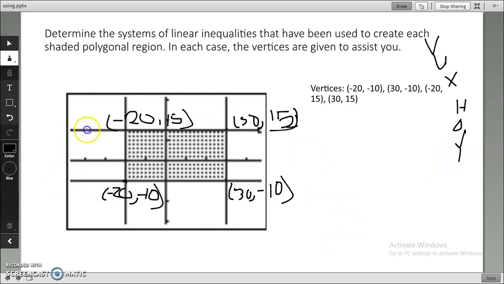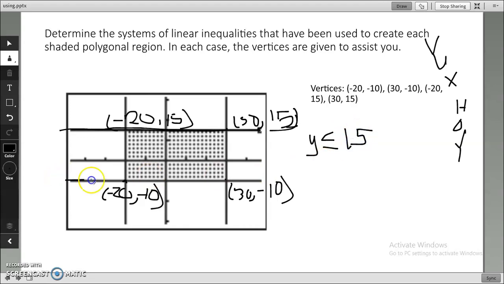So the first, I'll look at this line here, and this line is a horizontal line. So it's going to look like y equals 2. That means I'm going to use my y value, and my y value is 15. Looking at this, I need to be less than, and the line is shaded, so y is less than or equal to 15.